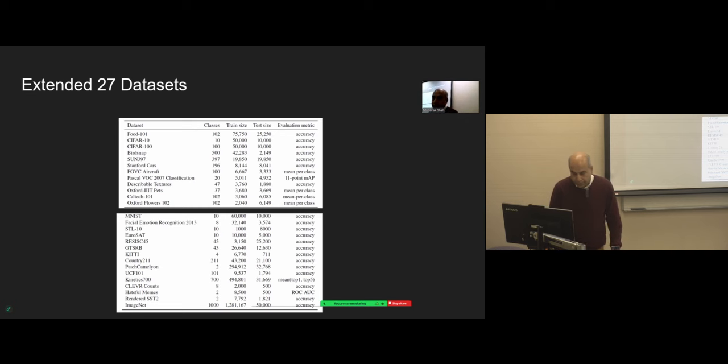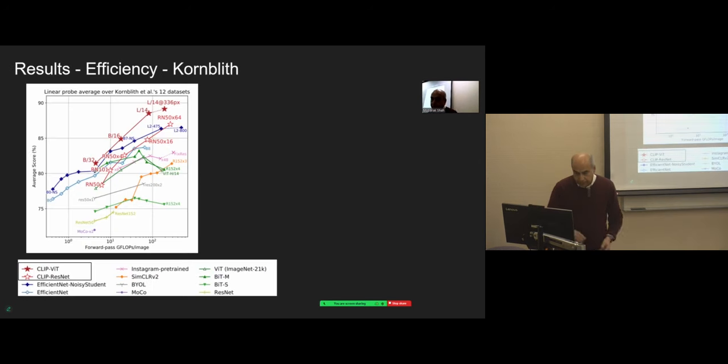Okay, so these are the results for the first part. And as you see, they are comparing CLIP ViT with CLIP ResNet. CLIP ViT is the top. And CLIP ResNet is not doing that well for this one.